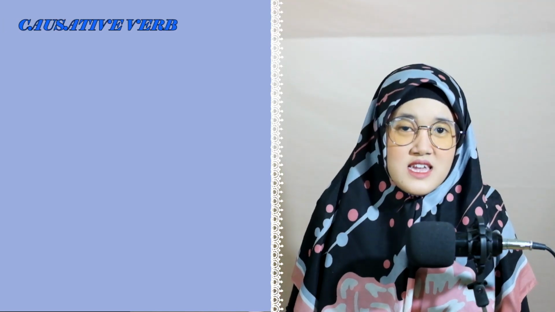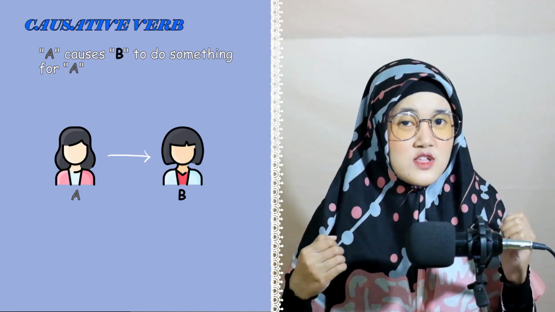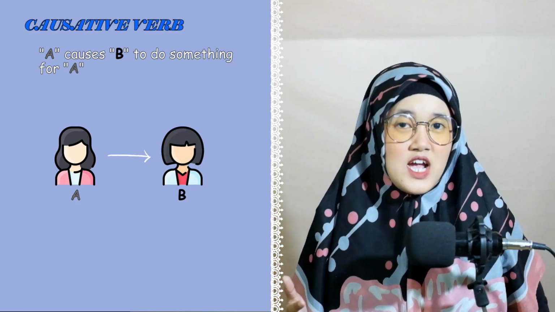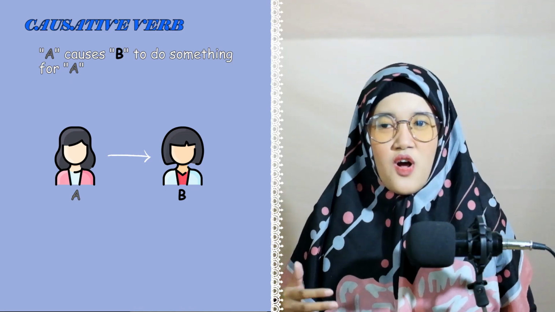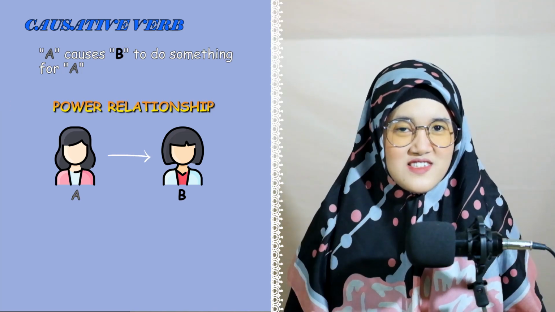Causative verbs. Causative verbs are the verbs that are used to indicate that one person causes another person to do something. For the first person, in a causative sentence, there is always some kind of power relationship.